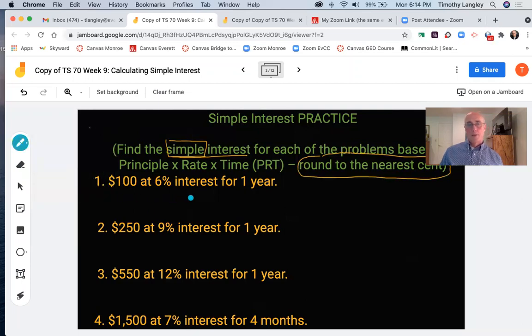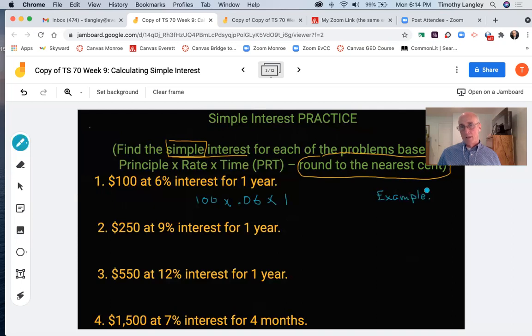$100 at 6% for 1 year. This is just going to be real simple. 100 is my principal times 0.06 times 1. And I can punch that in my calculator straight across, and that will give me the answer. And then be sure and round it to the nearest cent. By the way, let me give you an example of rounding here, because I want to put this in your notes so you can add this.